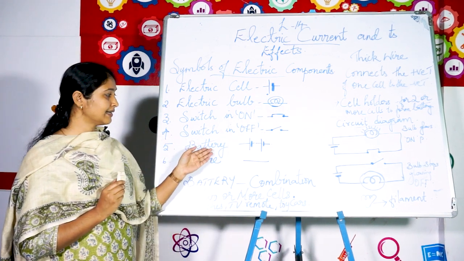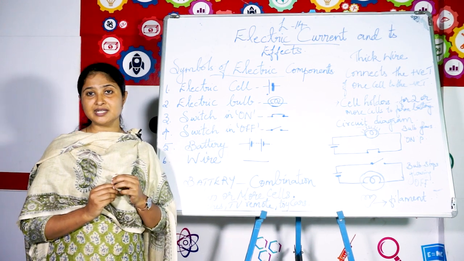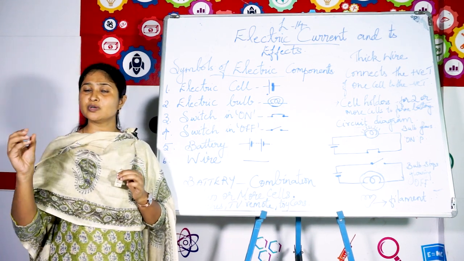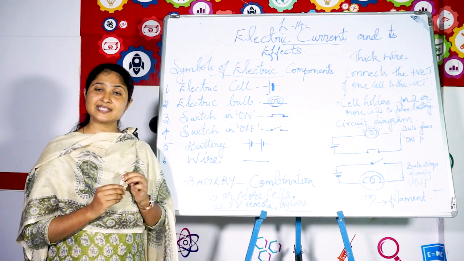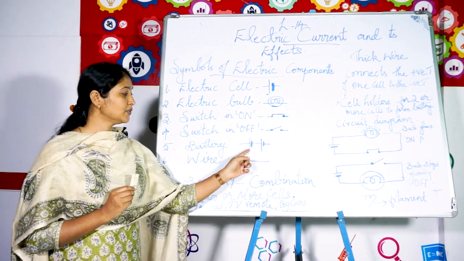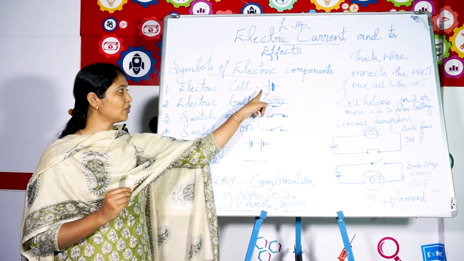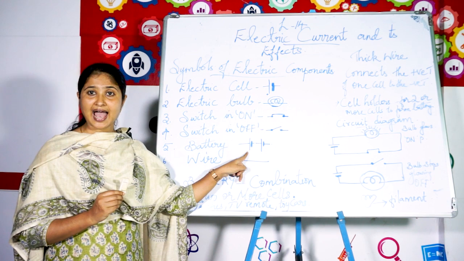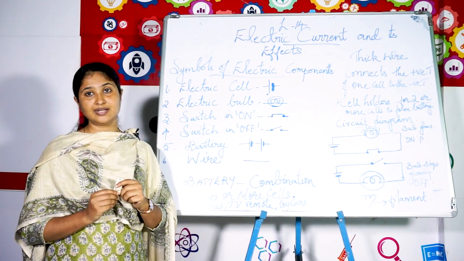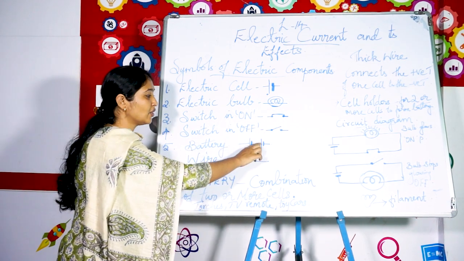Now next is the battery. When you have two or more cells, that is called a battery. You represent it like this. You draw the symbol for the cell twice, connecting with dotted lines.